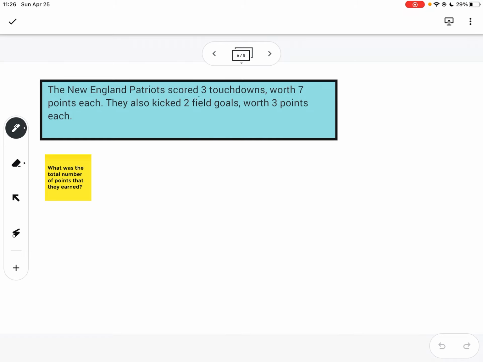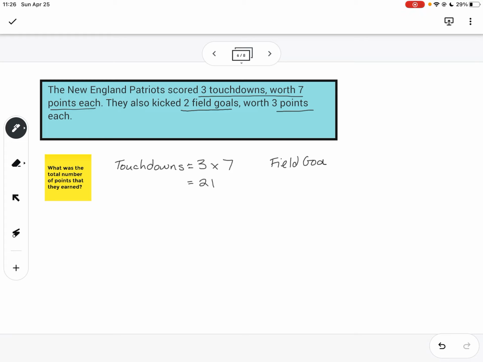The New England Patriots scored 3 touchdowns worth 7 points each. They also kicked 2 field goals worth 3 points each. What was the total number of points that they earned? So first, through touchdowns, they did 3 touchdowns times 7 points, which would be 21 points in touchdowns.